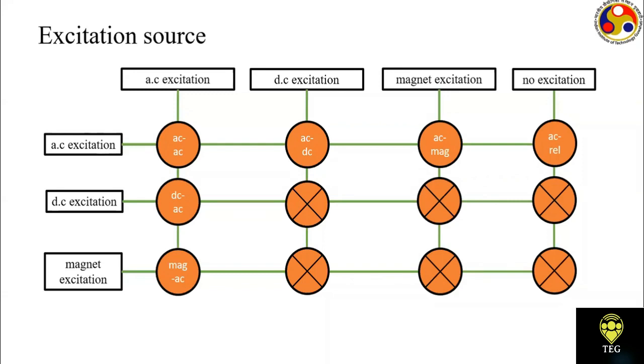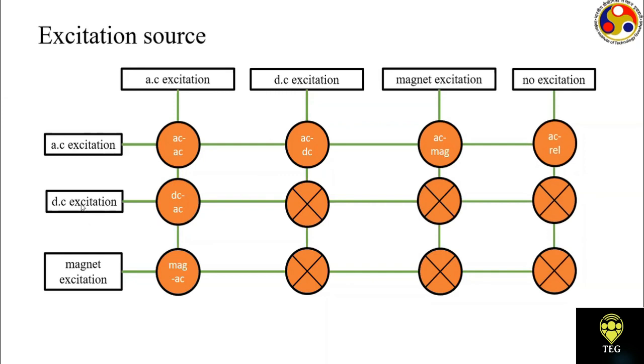Clear? So those are the synchronous machines. And with the magnet excitation, since you're giving an AC excitation to the stator, but for the rotor you use magnets, the examples are permanent magnet machines, PMSMs, BLDCs, and so on. And for the last one in the first row, AC reluctance, these are machines like the synchronous reluctance machines or switched reluctance machines.